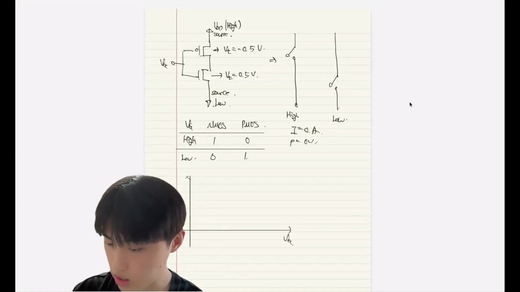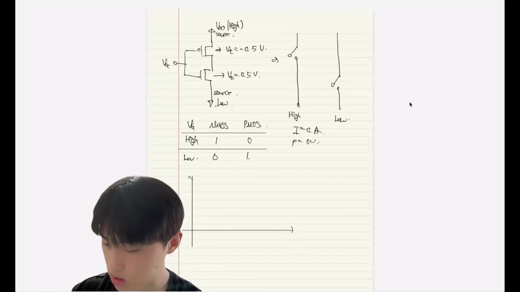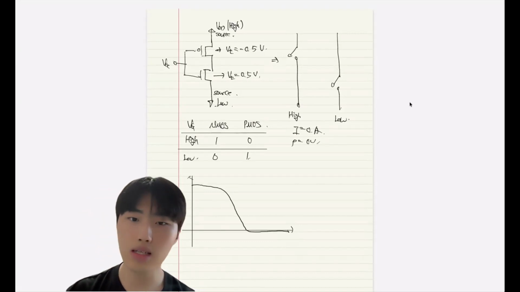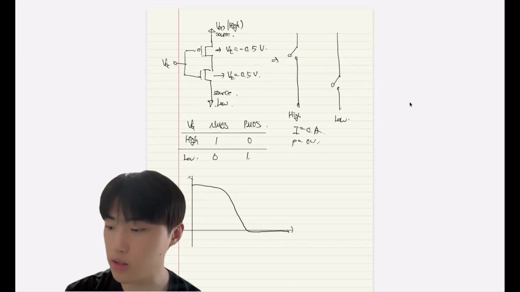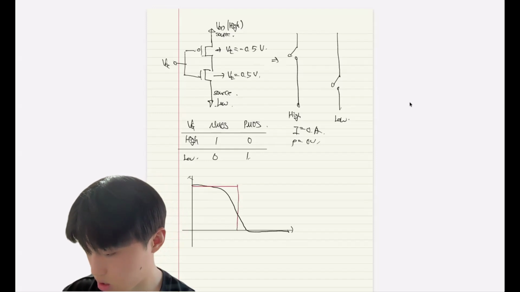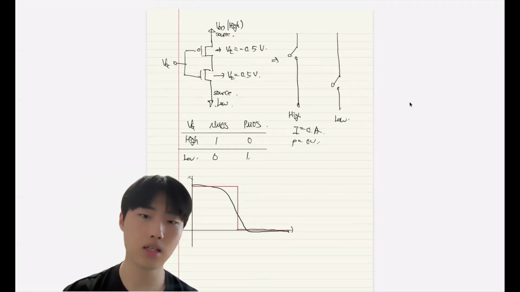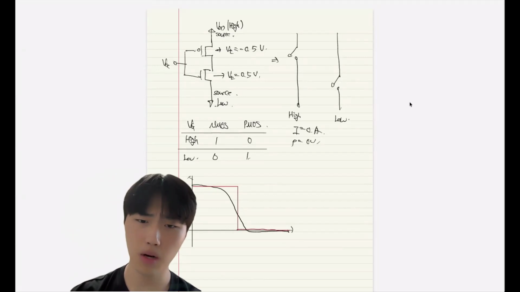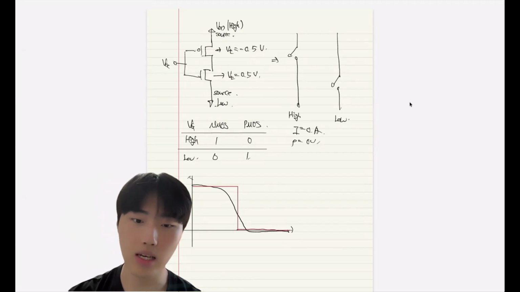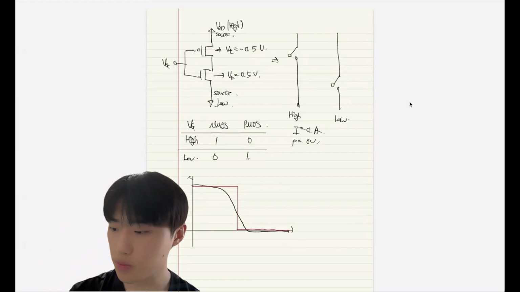So it will look like this. In the ideal case, it will look like this, some kind of unit step function, but in the realistic case, it will have some kind of time delay on it.